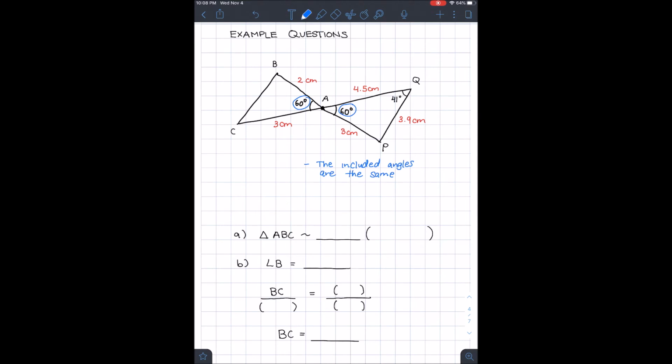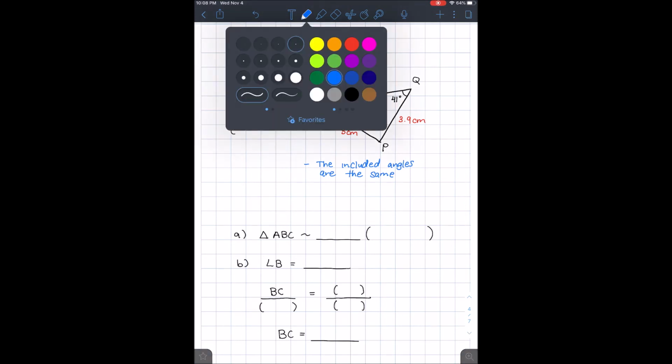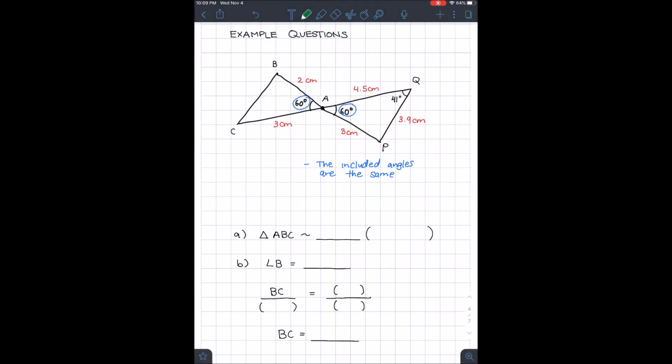Okay. Now let's take a look at the sides. We want to know if each pair of sides are proportional. And how do we find the pairs? Well, on the triangle on the left, triangle ABC, the smaller side is 2 centimeters. So on the other triangle, the smaller side of the ones that we looked at earlier is 3 centimeters.